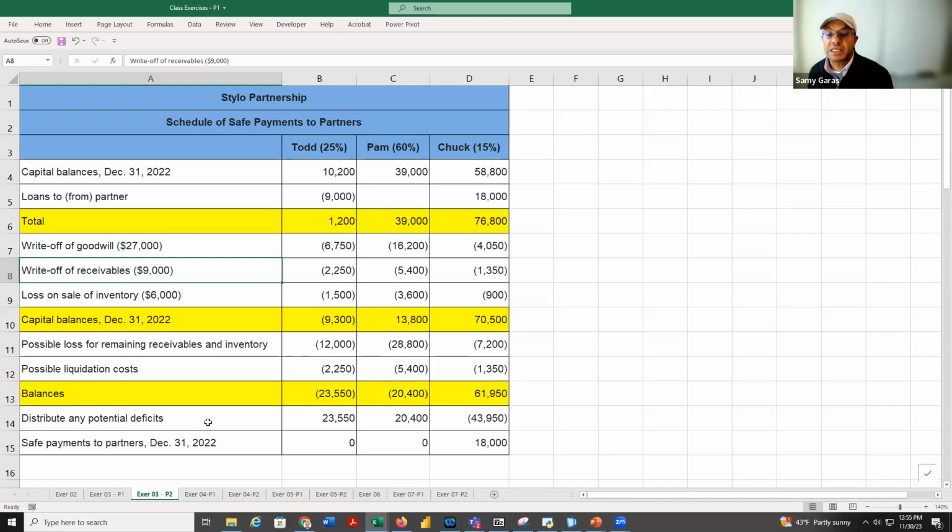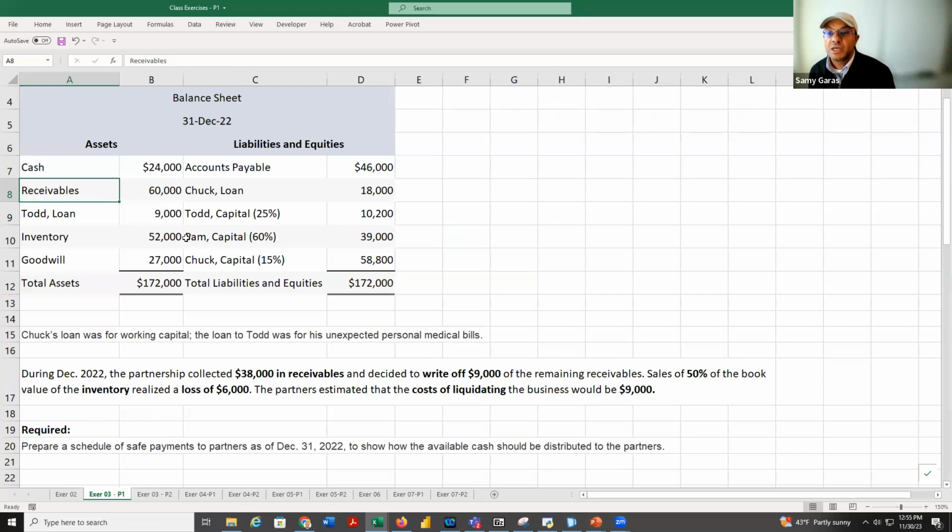Now we need to sell the remaining amount of inventory and receivables. So here, as you see, the receivable 60. And we made collection of 38. The inventory 52. And we sold 26.